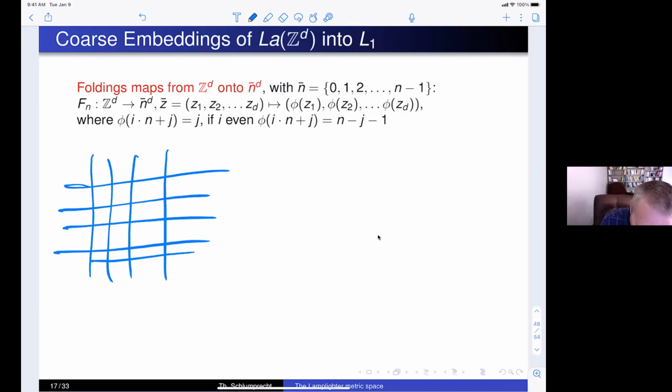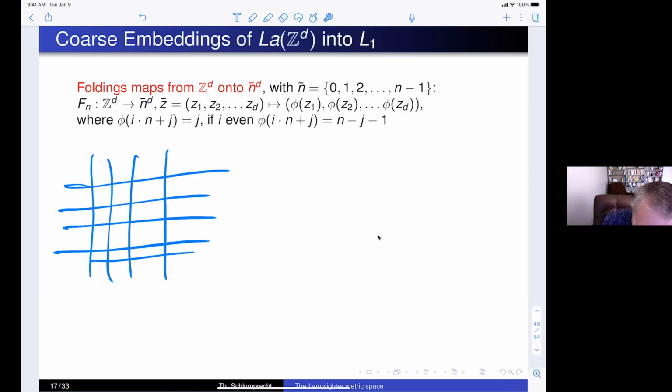So I'm using what I call a folding map, and I will give the picture in a minute. I want to map Z^d into the finite n by n grid, [n]^d, by doing the following: (z1, z2, ..., zd) goes into (phi(z1), phi(z2), ..., phi(zd)).